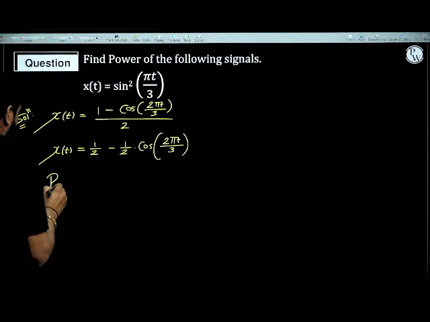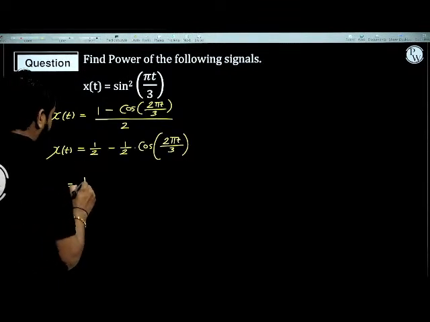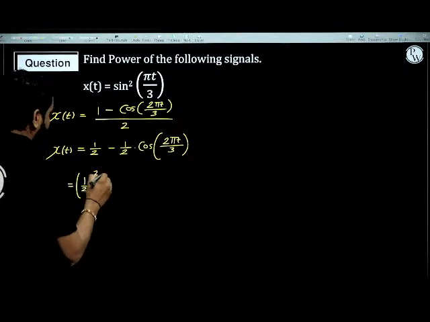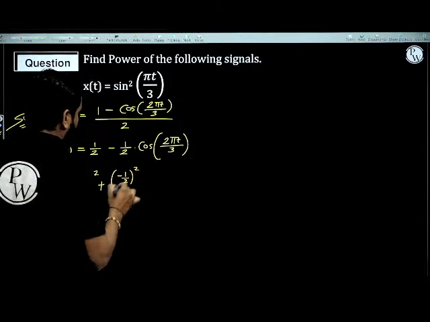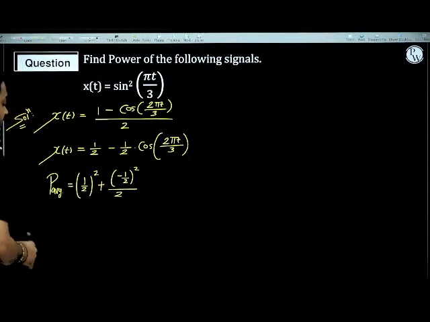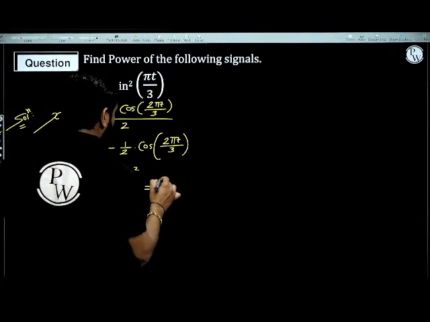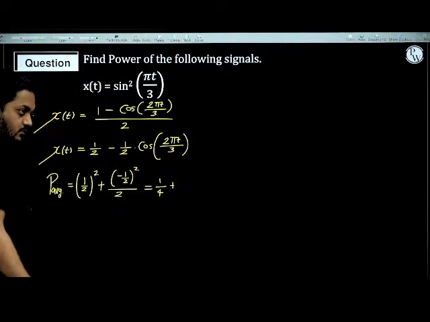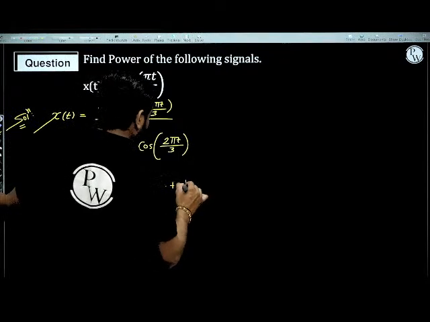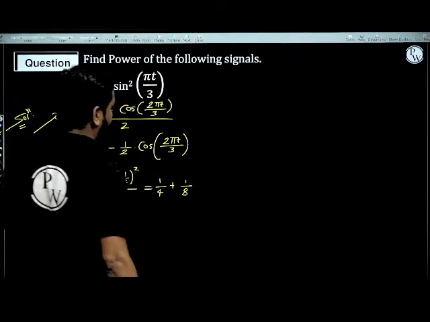Now this is DC, this is AC. So what is the average power? Already I told you, average power is the sum of the individual signal power. Power of DC is nothing but its square, plus here the peak value is 1 by 2, peak value square divided by 2, guys. So it is 1 by 4 plus 1 by 4 into 1 by 2, which is 1 by 8.